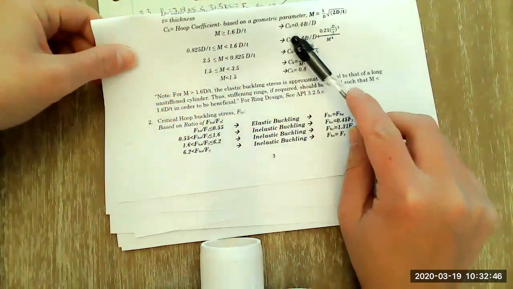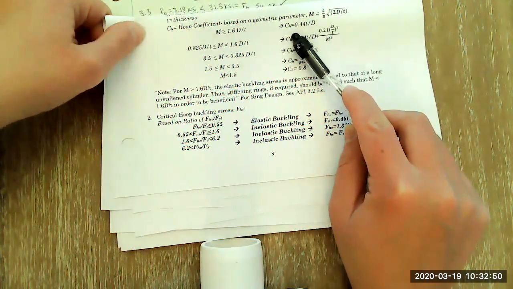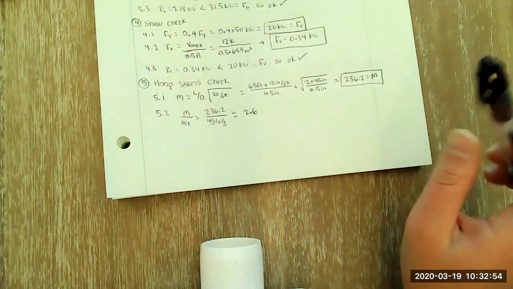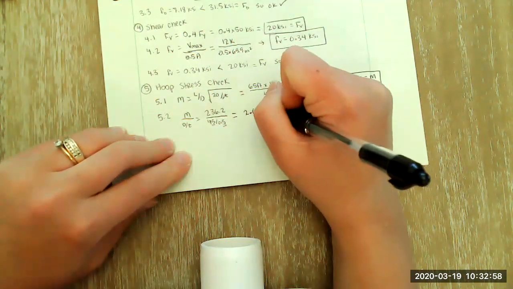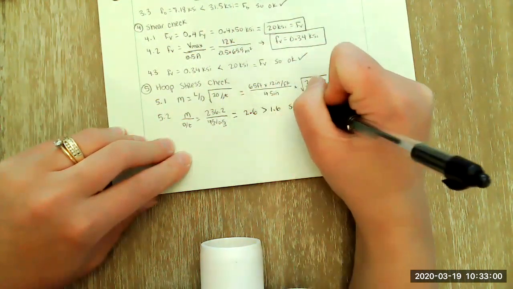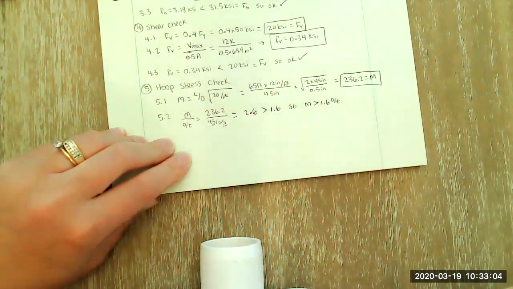So the equation that we'll use for our hoop stress coefficient is 0.44 times t divided by d. So just to put this in the notes, M is greater than 1.6 times d over t.